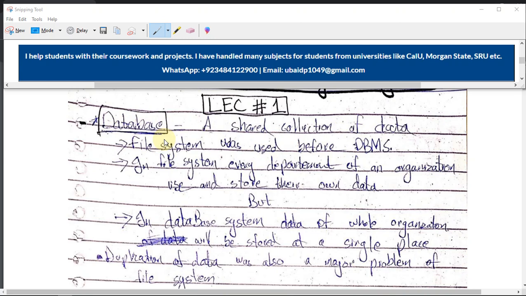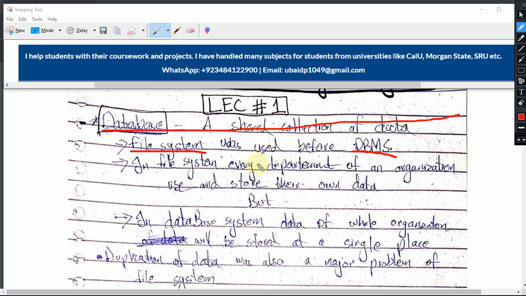Okay, so let's get a marker. And there was a system named the file system, which was used before the DBMS or database management system.